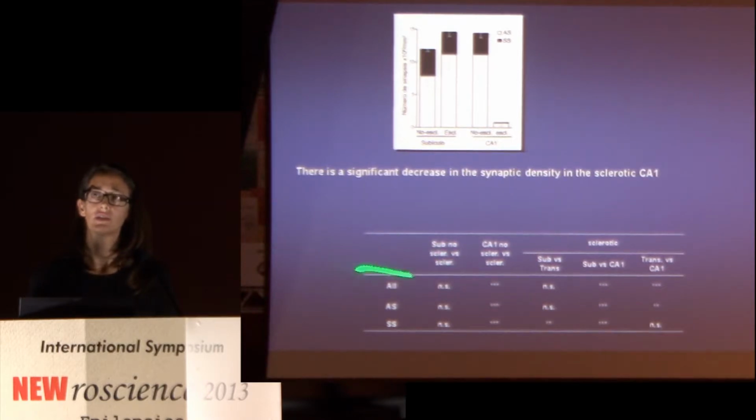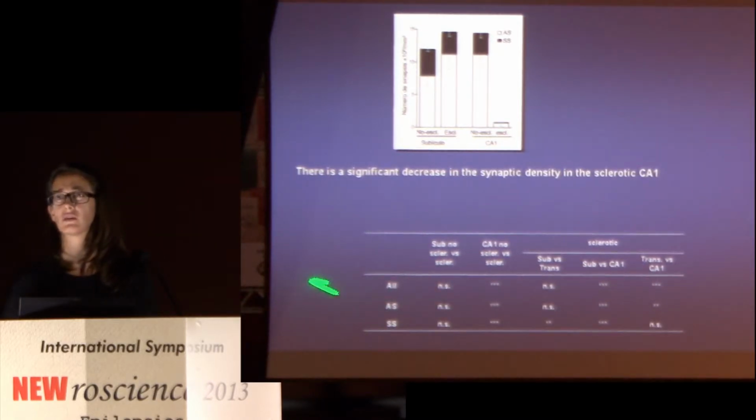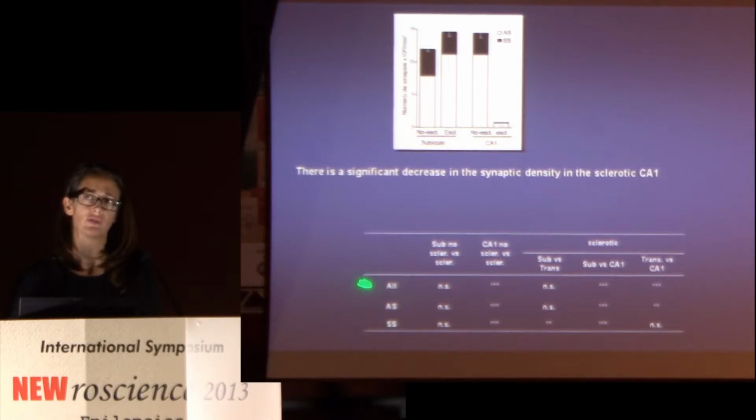We also consider, as found in this table, the differences between the asymmetric and symmetric synapses, because they are the excitatory and inhibitory ones, and the total number of synapses. When we compare the subiculum from non-sclerotic and sclerotic tissue, we couldn't find any difference.